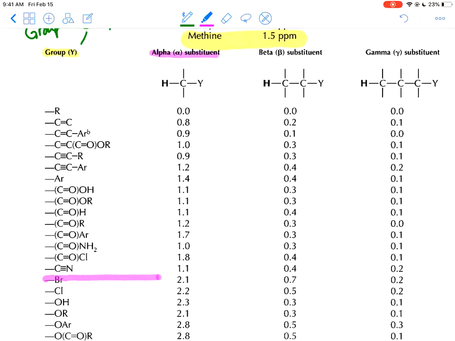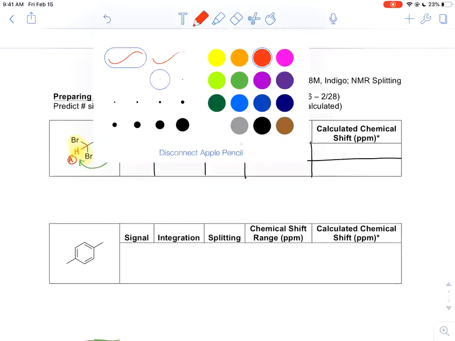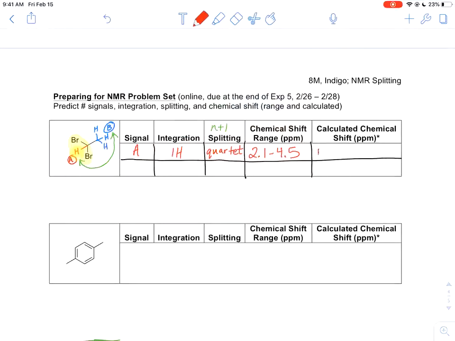The bromine is in the alpha position, or just 1 carbon away, so we're going to be adding 2.1, but since there's 2 bromines, you're going to add that twice. So this finally comes back: we start with 1.5 because it's a methyne, a CH, and you're going to add 2 times 2.1.